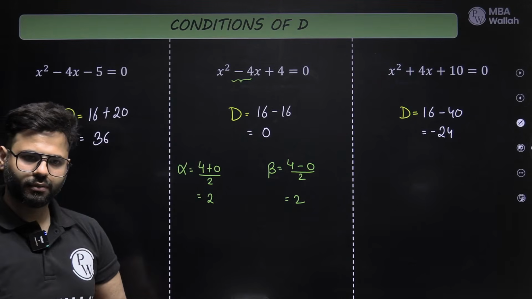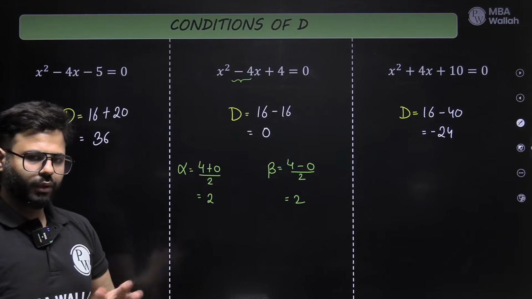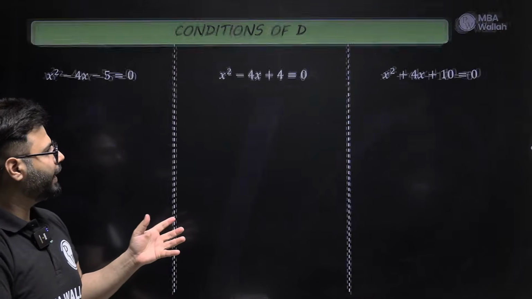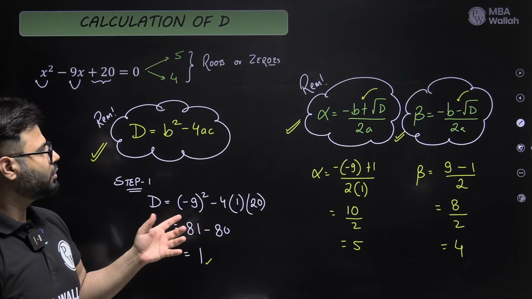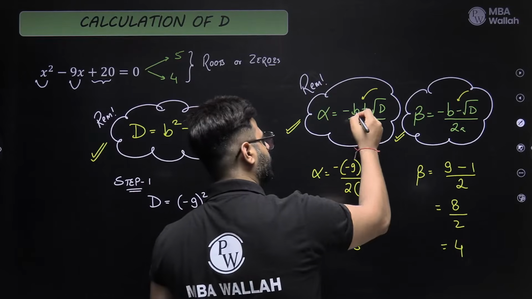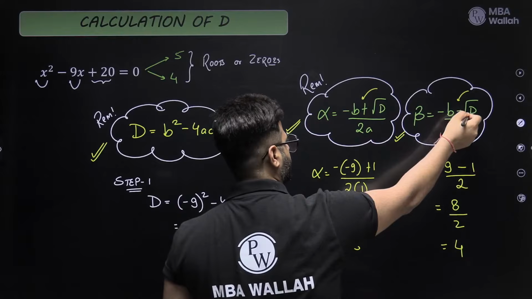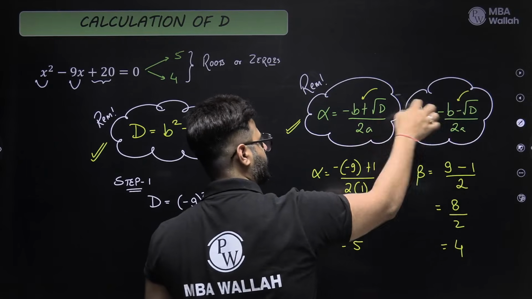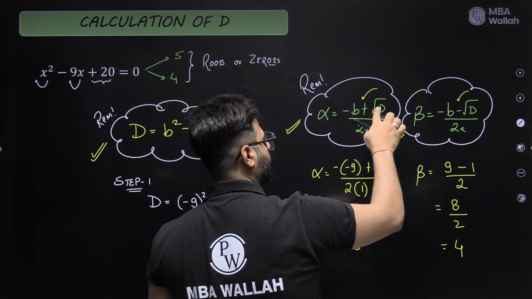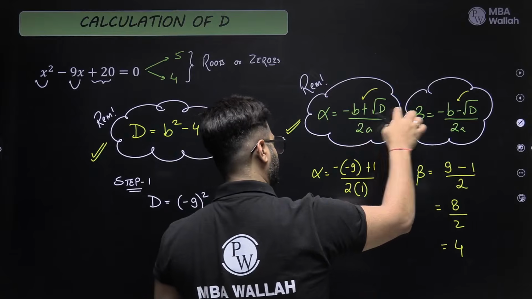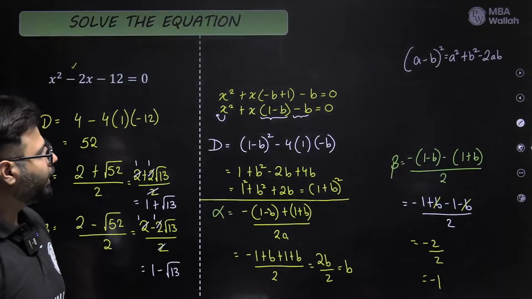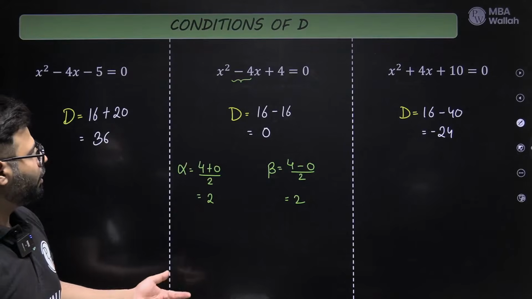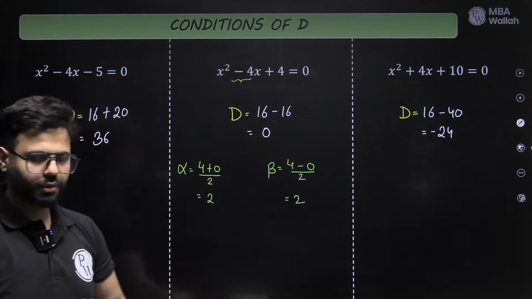Can you realize? The only difference which we had in the formula of alpha and beta was this. Remember? Minus b plus root d, minus b minus root d. So minus b was same, 2a was same. The only difference was here you were adding the root d, here you were subtracting the root d. Now if you go ahead and make d 0, how would the things change?